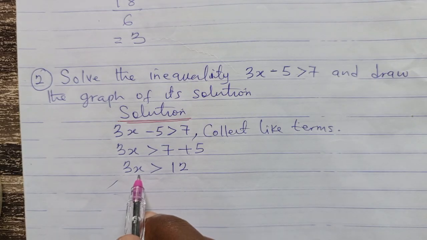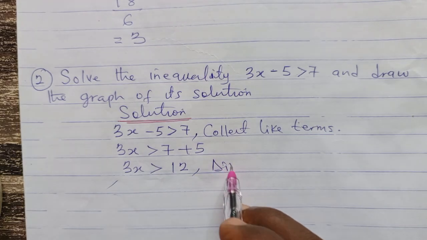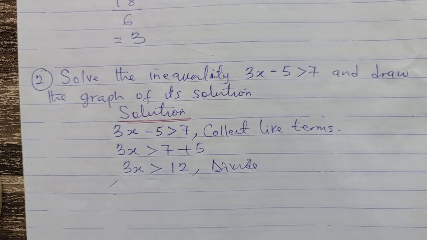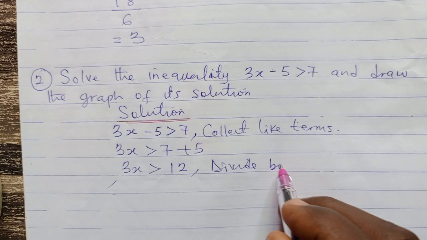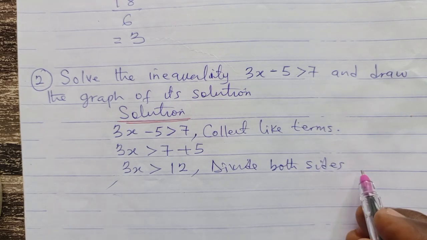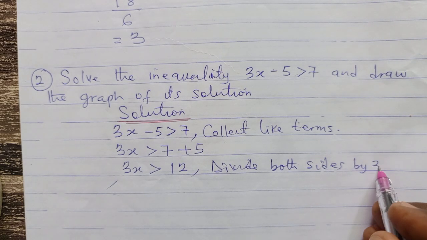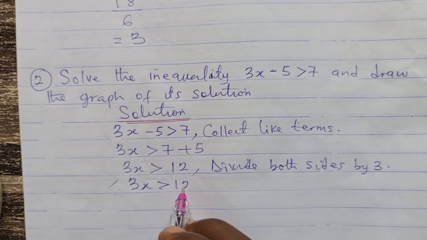To get the value of x, we divide both sides of the inequality by what? The coefficient of x, which is 3. So we say divide both sides by what? By 3.